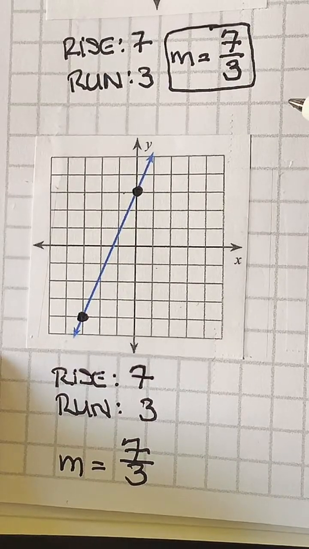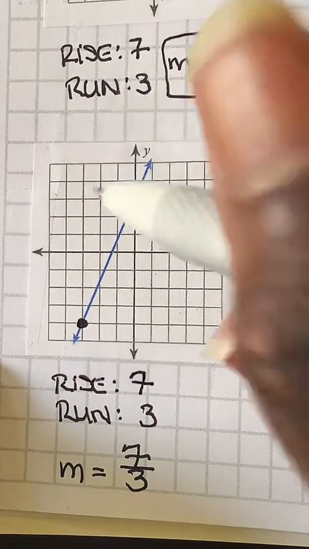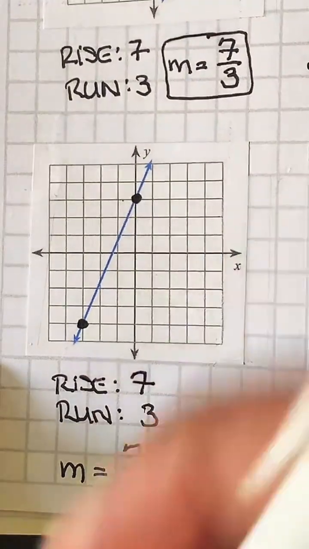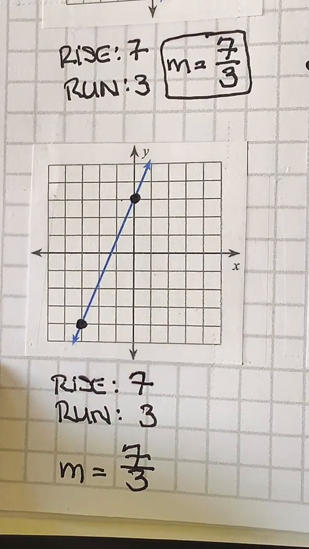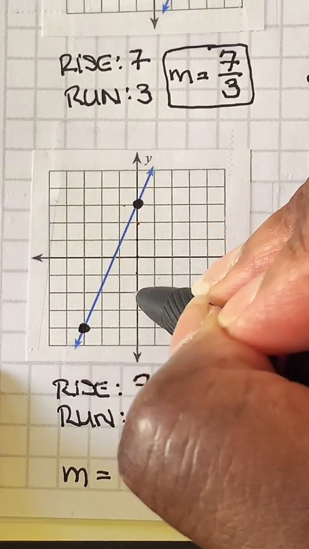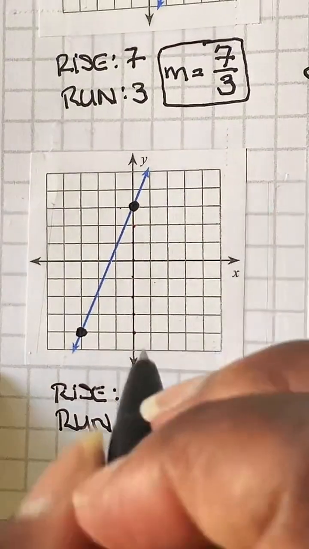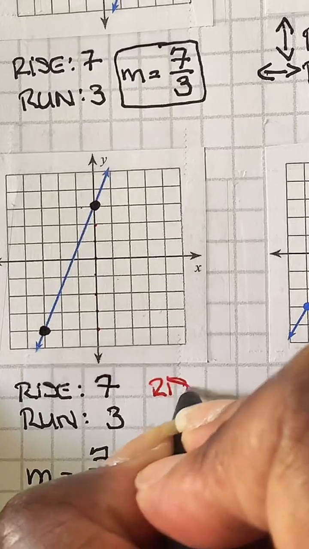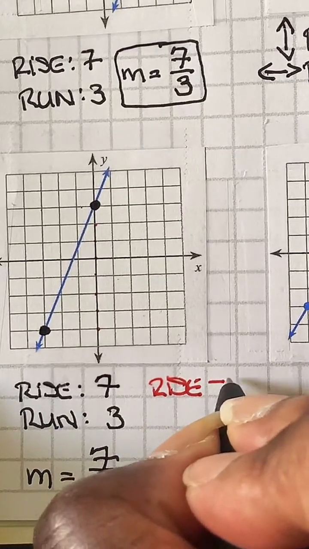Better. All right. So let's take a look. If I start here, let me use a different color so we can see the difference. If I start here, I'll go down 1, 2, 3, 4, 5, 6, 7. So this time, my rise is a negative 7.